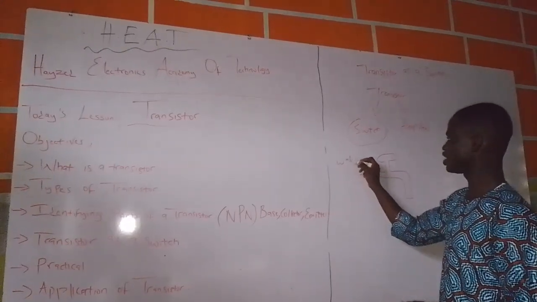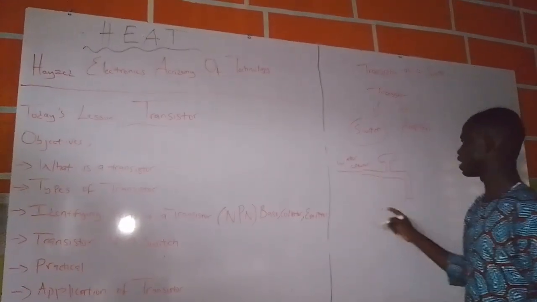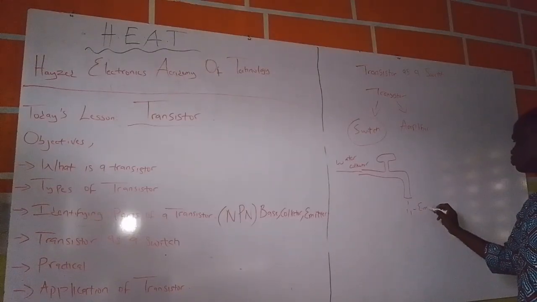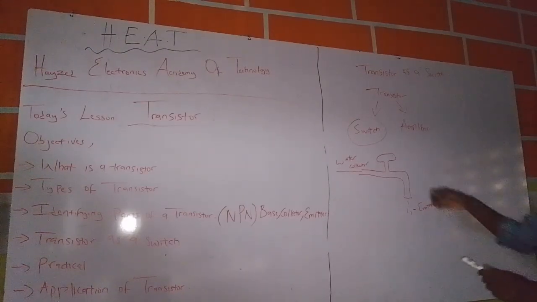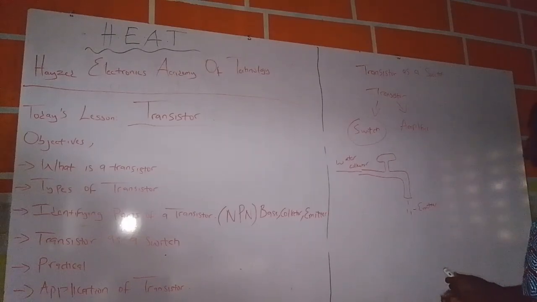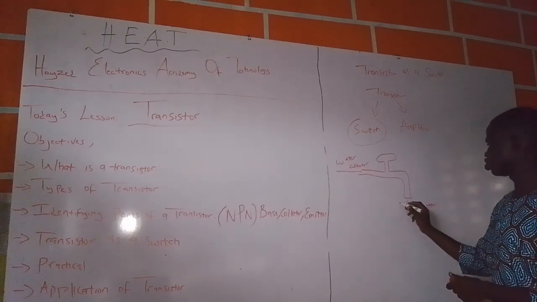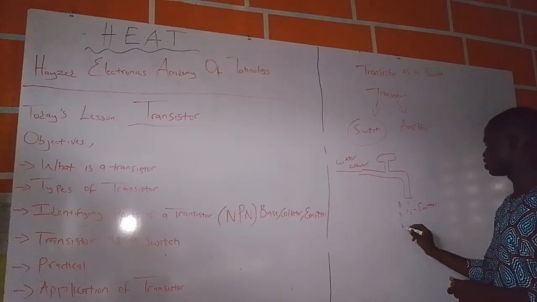The water is our collector, and the output, this place, is like our emitter. Now, you know that if you just turn your tap a little bit, the water is going to be dropping very tiny, like 1, 2.